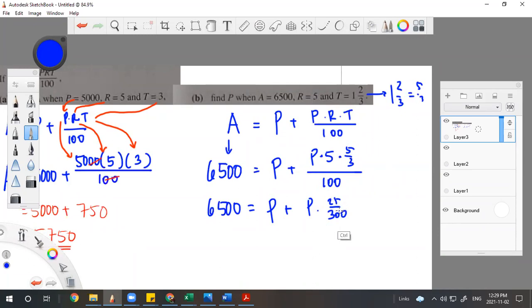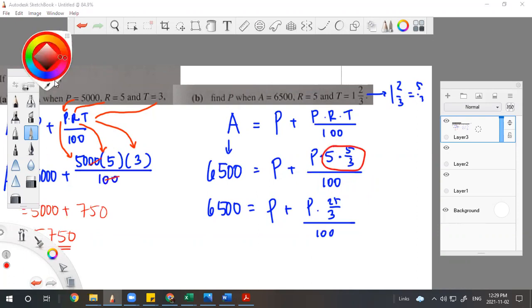Oke, kita pelan-pelan ya, much more steps biar lebih ngerti. Okay, because 5 times 5/3 is 25/3, right? And then over 100, slow but surely.